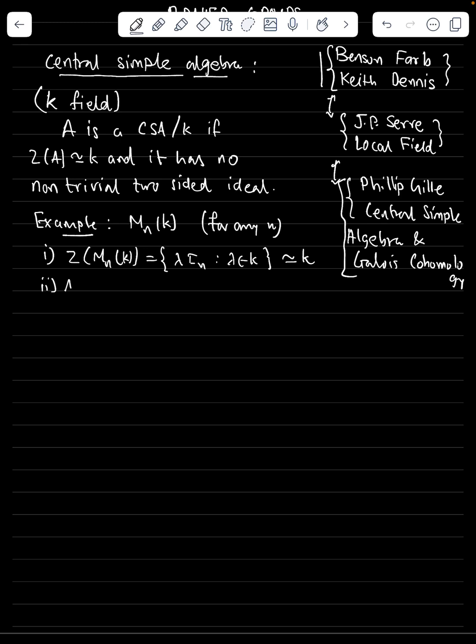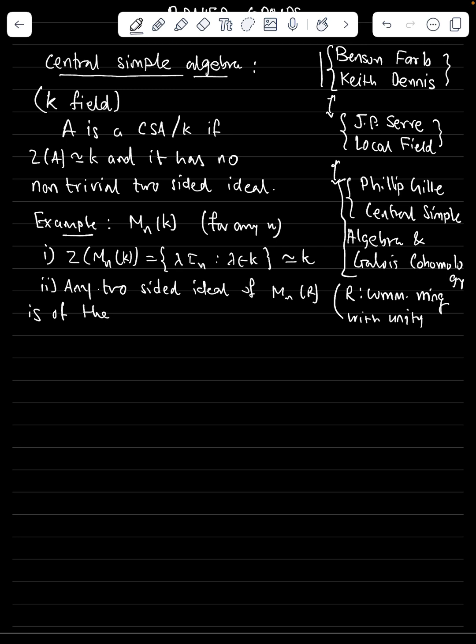And secondly, any two-sided ideal of M_n(R), where R is any commutative ring with unity, not necessarily a field, is of the form M_n(I) for an ideal I of R. It's a general statement.